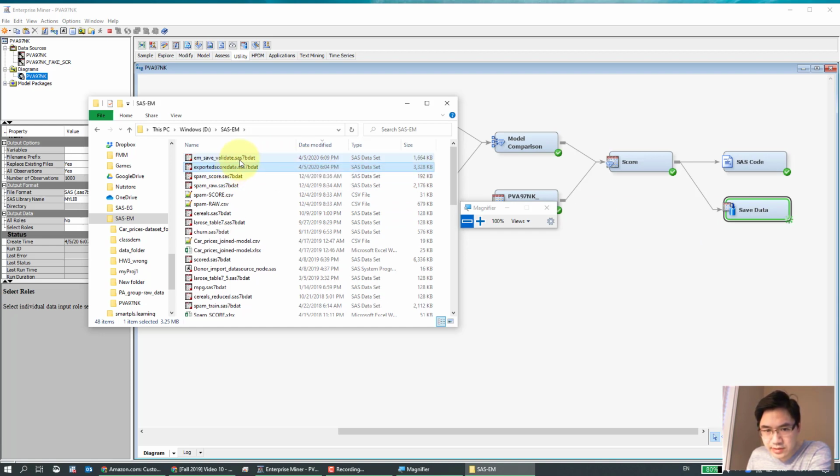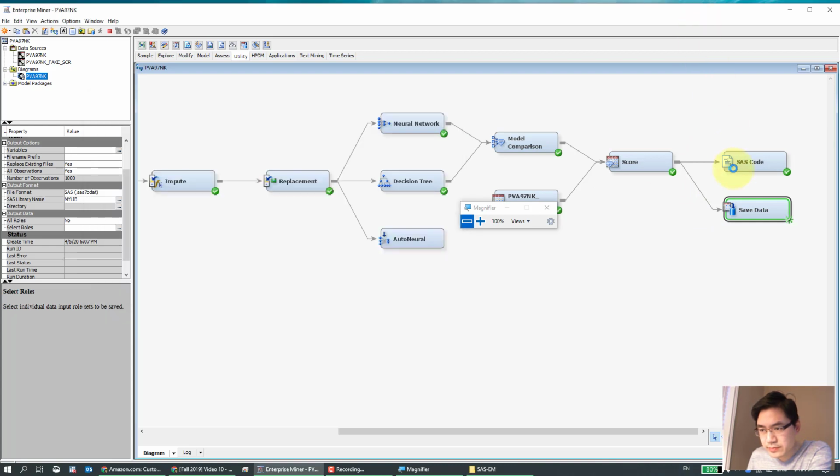There you go. Even though there is no validate data set, it will output this one. I don't expect to see this, but it does. But anyway, I don't expect to use this. Let's see if it changes after it runs successfully.